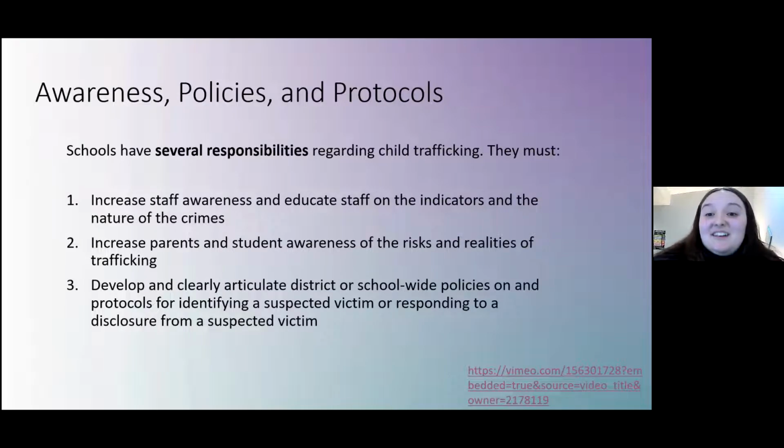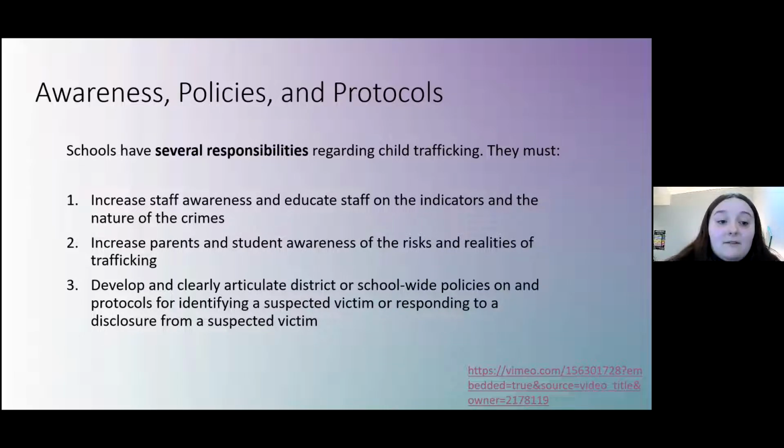So schools have several responsibilities regarding child trafficking. First, they must increase staff awareness and educate staff on the indicators and the nature of the crime. Second, increase parent and student awareness of the risk and realities of trafficking.